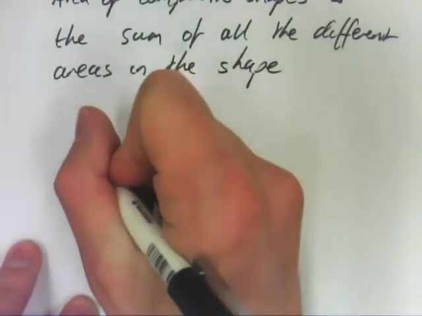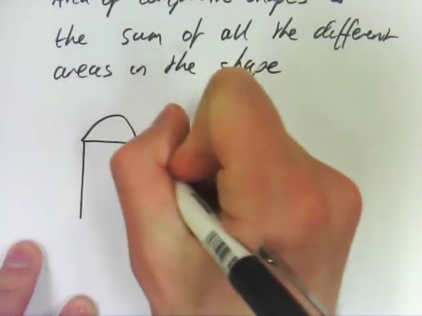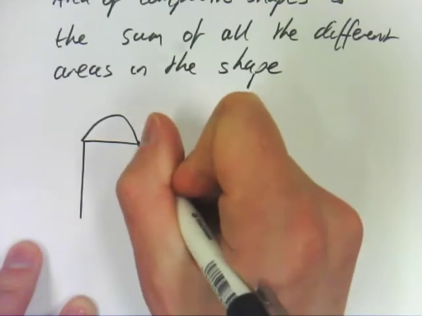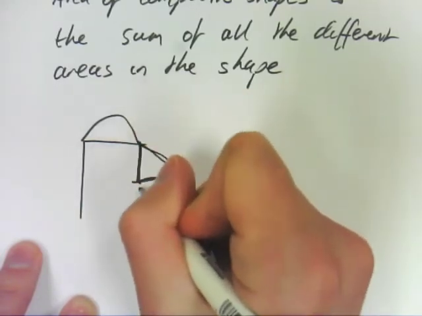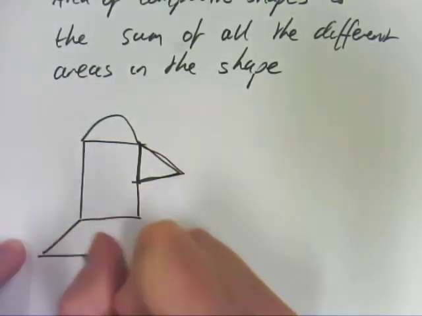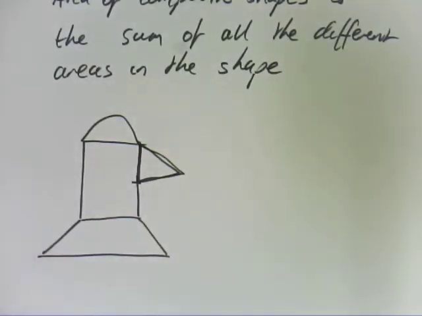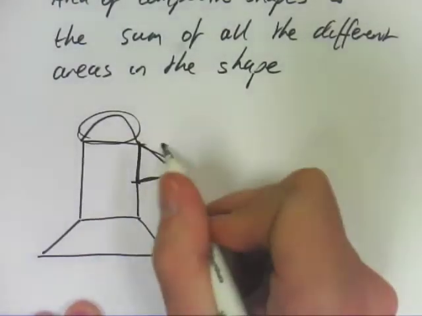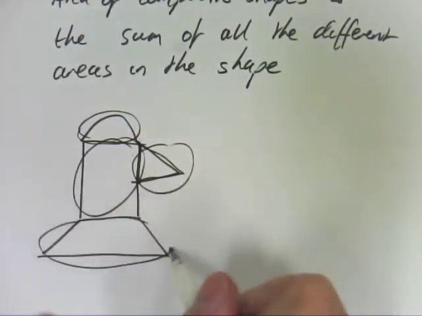So it doesn't matter if my shape looks like this at all, because I can break that shape down into four shapes that I know the rules for. I've got a circle, a triangle, a rectangle, and a trapezium.